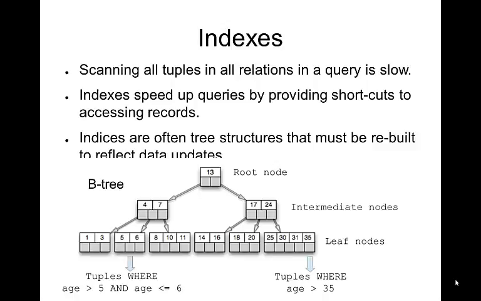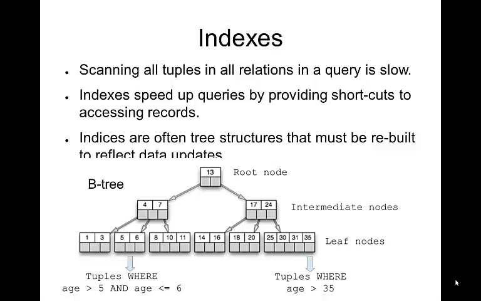Remember what I was saying about the problems of tree structures as a database structure. Well, in the relational model, we use tree structures as ways of indexing data in the relations, in the tables. Trees aren't the only type of index. There are other indexes that aren't tree structures, but the most commonly used index is the B tree or versions of the B tree.